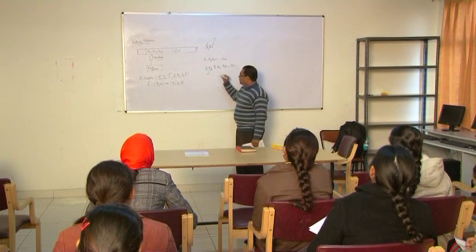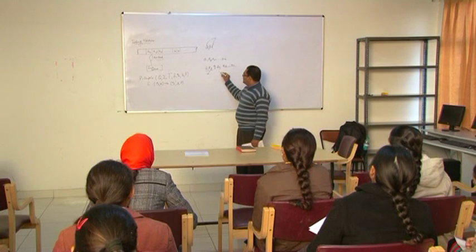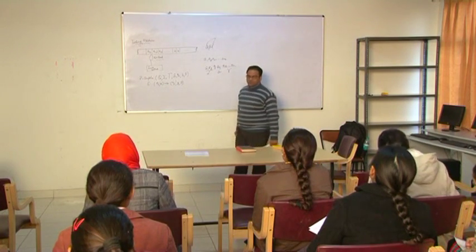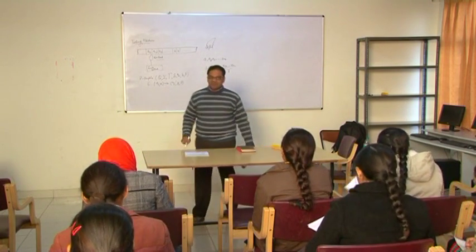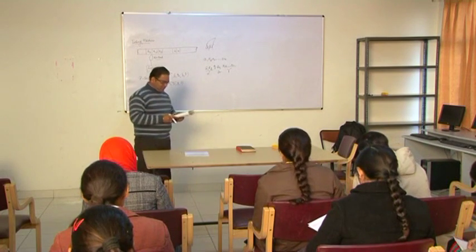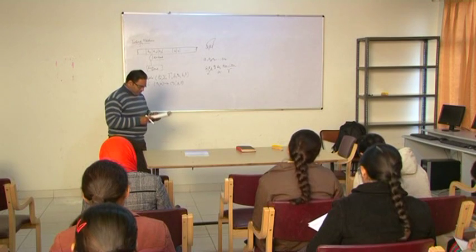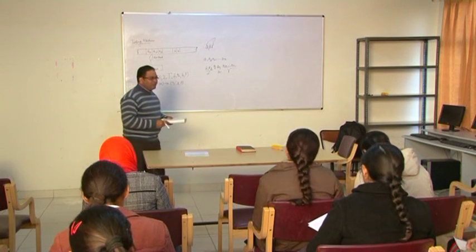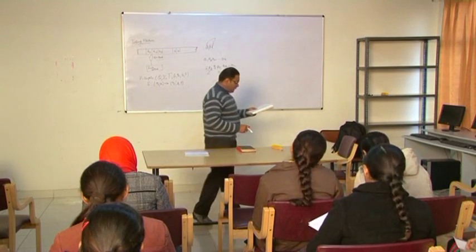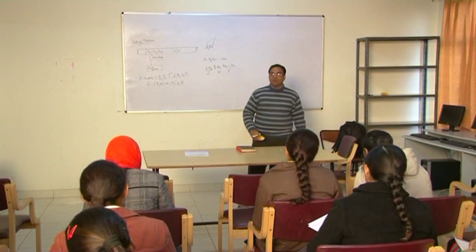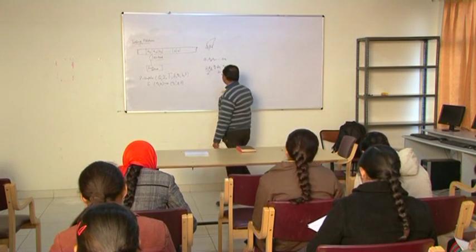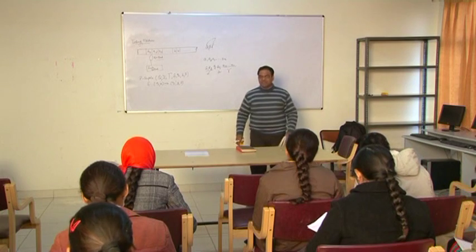So this is your alpha, this is the present state, this is a and this is gamma. This is your instantaneous description. Then the second representation is representation by transition table. Representation by transition table.